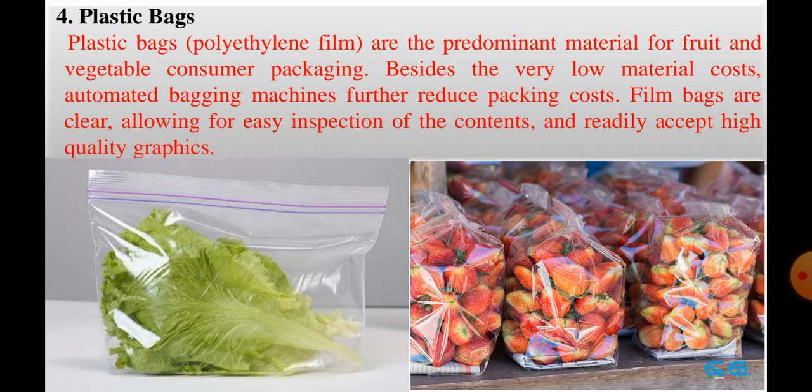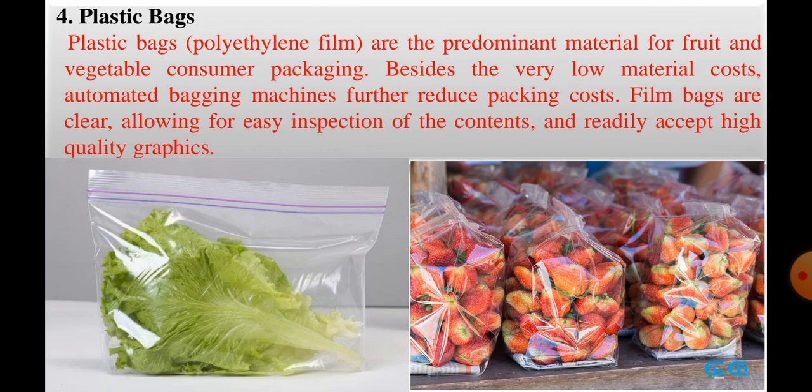Then next one is plastic bags. Plastic bags, mostly polypropylene films, are the predominant material for fruits and vegetable consumer packaging. Besides a very low material cost, automated bagging machines further reduce the packaging cost.